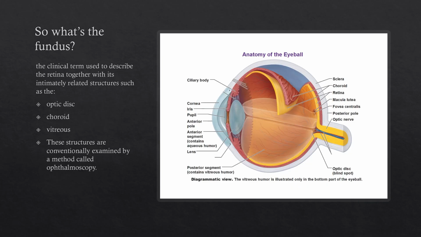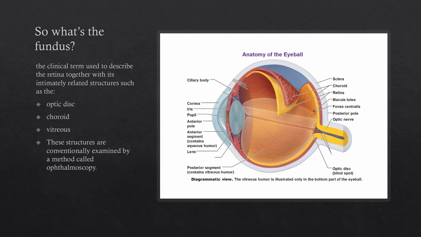So what exactly is the fundus? It's basically a clinical term, okay? We use an ophthalmoscope, a device that we use to examine the retina. And while examining the retina, we are looking at the optic disc. You may wonder what the optic disc is.